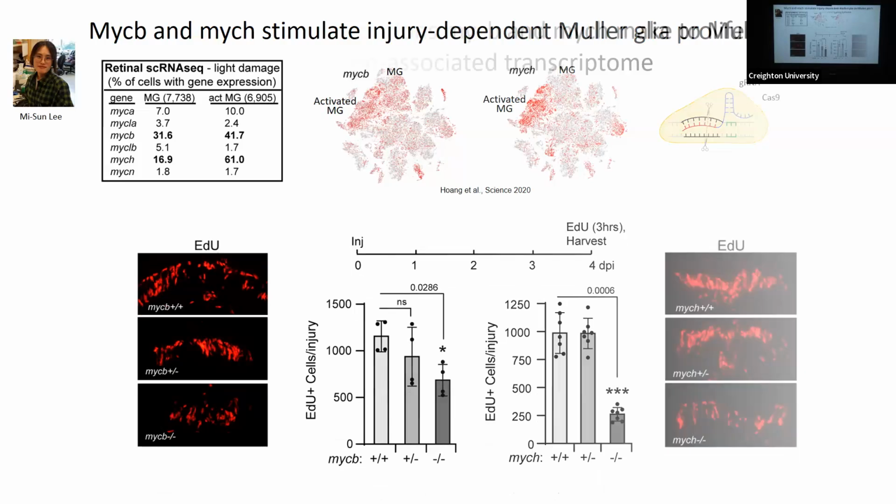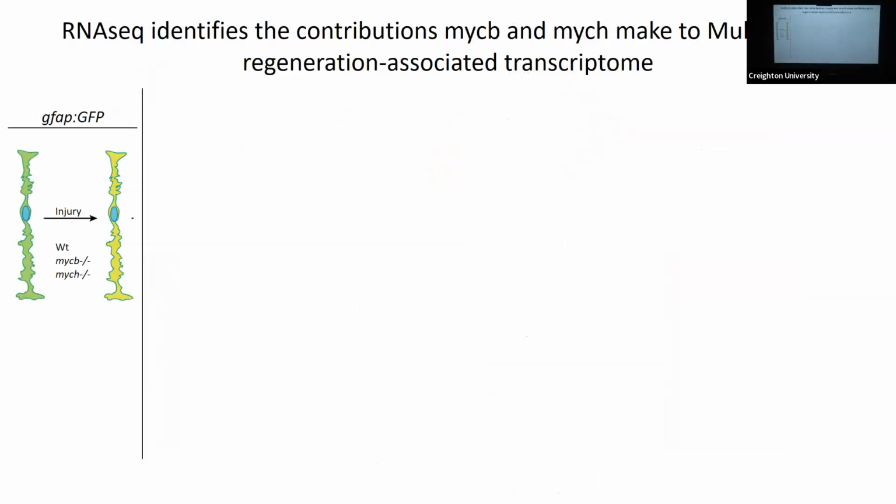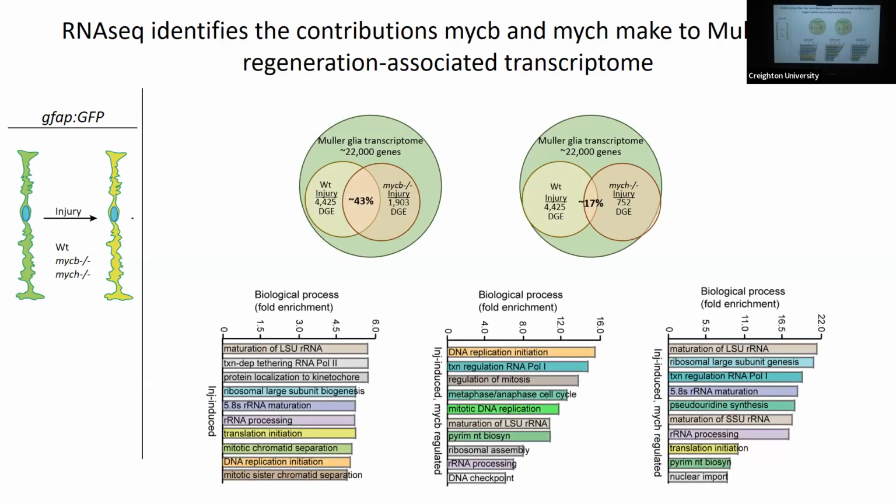We then asked what proportion of the regeneration-associated transcriptome might these genes be controlling? MYC is notorious for controlling large amounts of genes when it's expressed. So we did the usual RNA-seq, and oops, here's all the data at once, but it's pretty impressive.